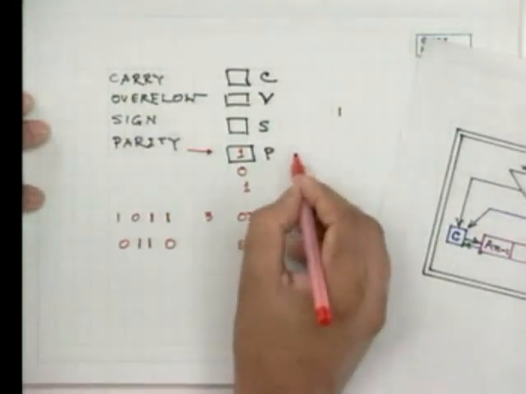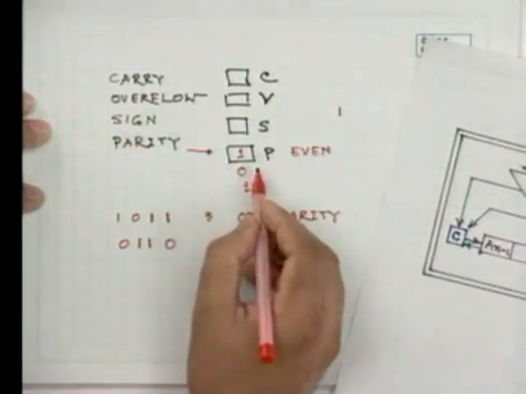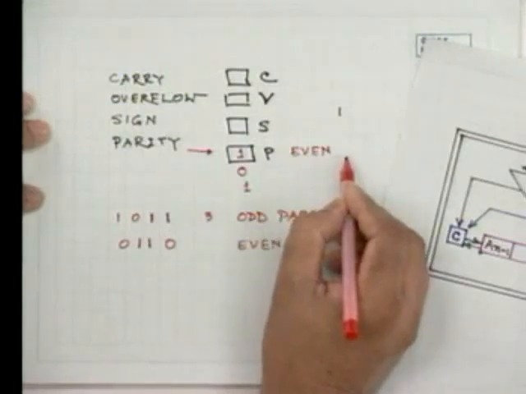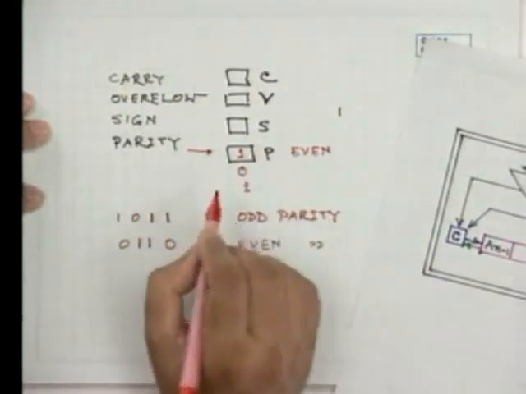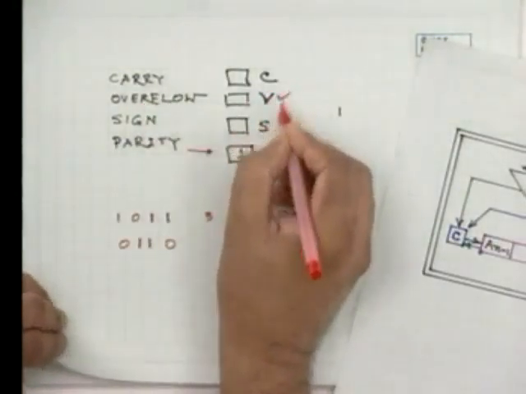If we just detect even parity, then the parity bit will be 1 when the number of ones in the number is even, otherwise it will be 0. Now let us come to that overflow flag.